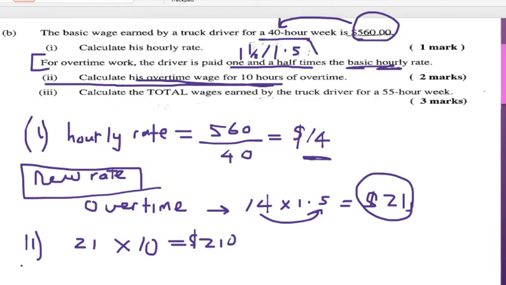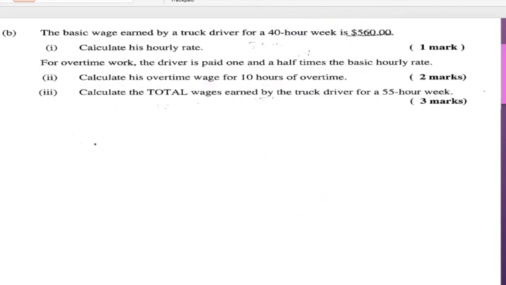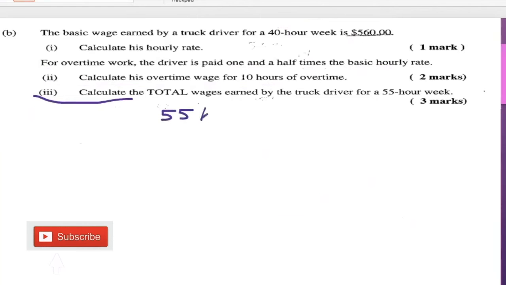So for part 3, it says calculate the total wage earned by the truck driver for a 55-hour week. Let's do this on another slide. So having a cleaner slide to do part 3, this truck driver worked for 55 hours.